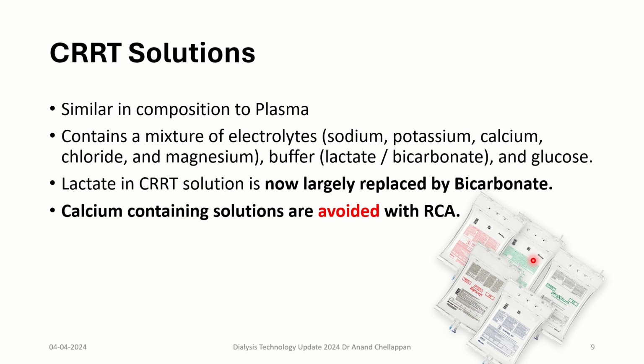There are various brands of CRRT solutions, but in general they contain a mixture of electrolytes, buffer and glucose. An important point is that the lactate buffer in CRRT solution is now largely being replaced by bicarbonate buffer. And another important point is we should avoid calcium containing solutions when we are performing regional citrate anticoagulation.